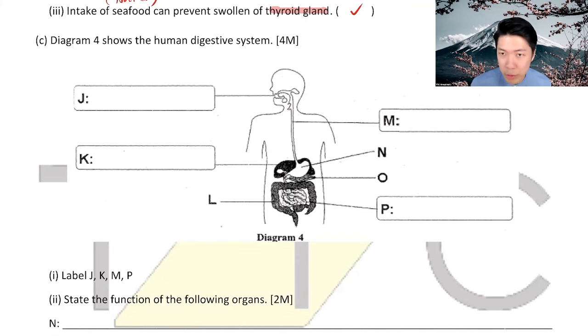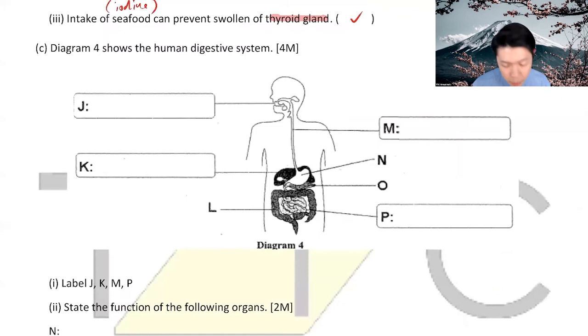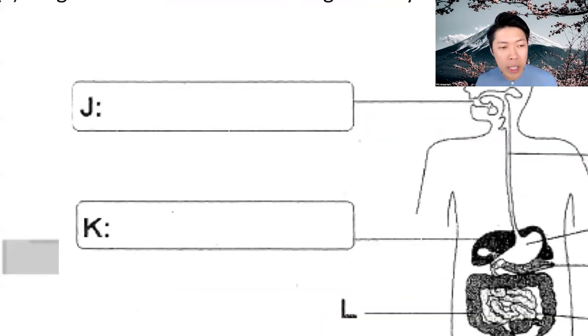I'll try to go through everything with you so that in the meantime, we'll learn the rest of the digestive system. Okay, so a quick one, everybody. We will write down in the box, but we will also write things that are not in the box beside. Okay, so let's label J. So J is obviously your mouth, okay? Mouth.